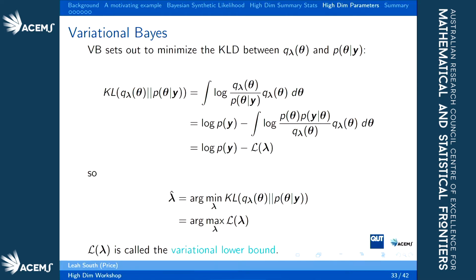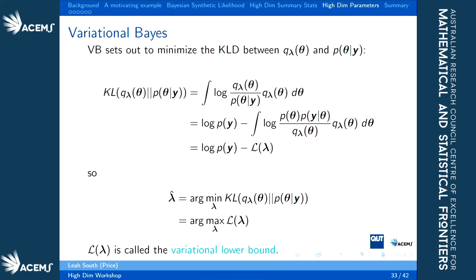So variational Bayes sets out to minimize the Kullback-Leibler divergence, or KLD, between our approximation Q and the posterior. The benefit in Bayesian statistics is that you can write it out in this form, so our annoying normalizing constant of the posterior comes out, and instead we're minimizing the Kullback-Leibler divergence, which amounts to minimizing this minus L, or maximizing L itself.